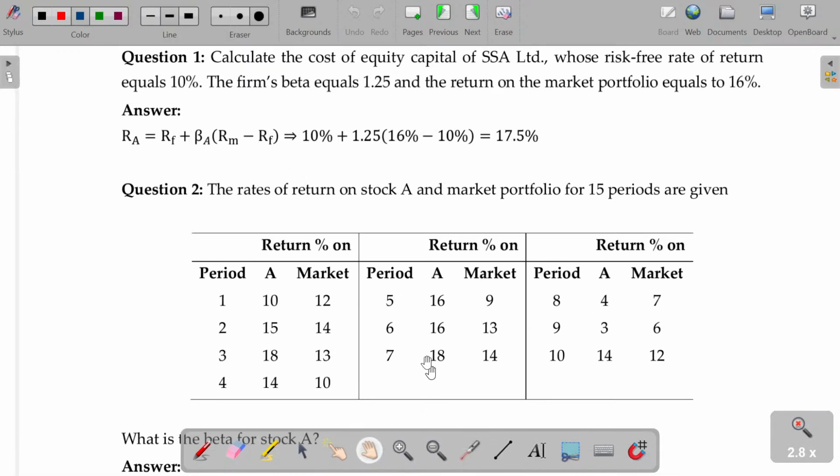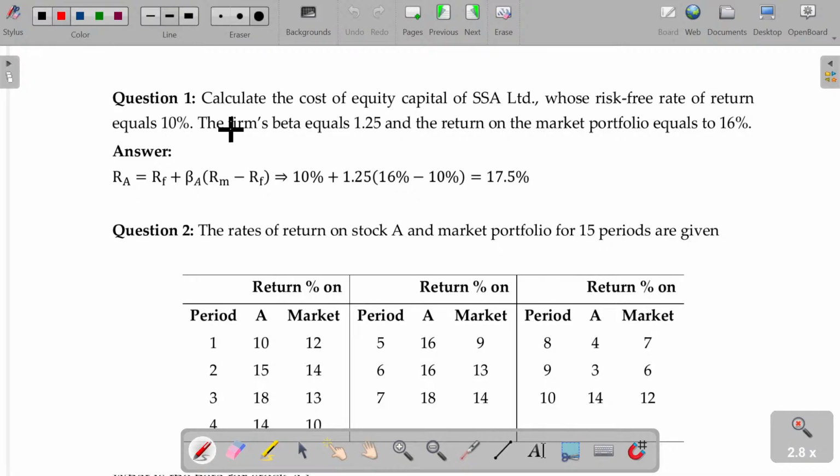KE calculations. Calculate the cost of equity capital of SSA Limited, whose risk-free rate of return being 10%, the firm's beta is equal to 1.25 and market portfolio being 16%. Firm's beta, otherwise beta. So the formula being RA, return of A, is equal to risk-free return plus beta into RM minus RF.